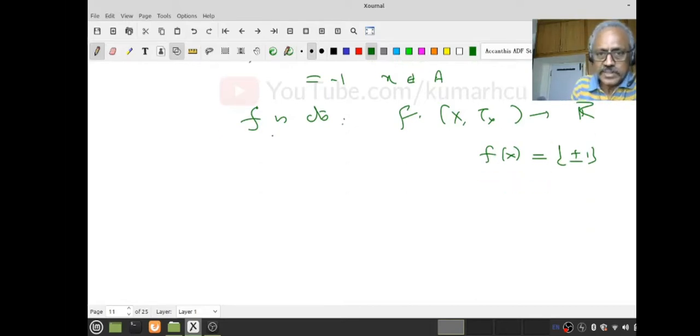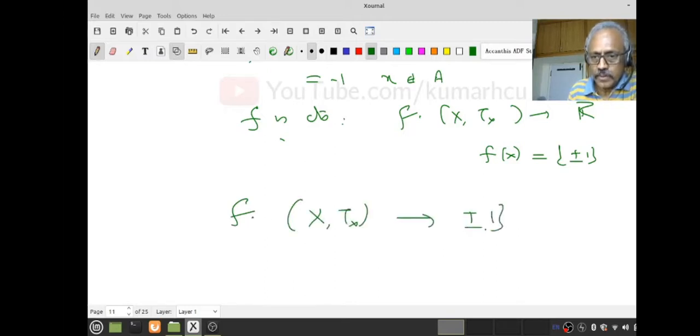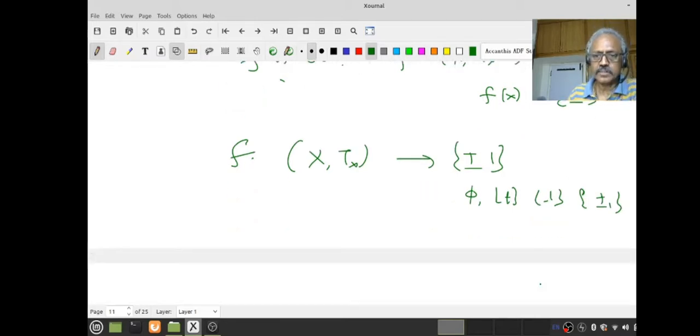So why is this continuous? To prove this continuous, I have to look at it like this. Now remember, this is a function. I can think of this as a function from (X, tau_X) to {plus or minus 1} with the subspace topology. Therefore, what are all the possible open sets here? The empty set, singleton 1, singleton minus 1, or plus or minus 1. So I have to check the inverse images are open, right?